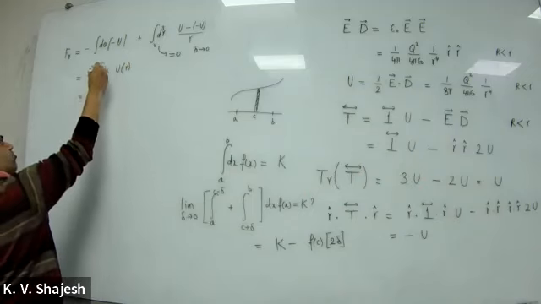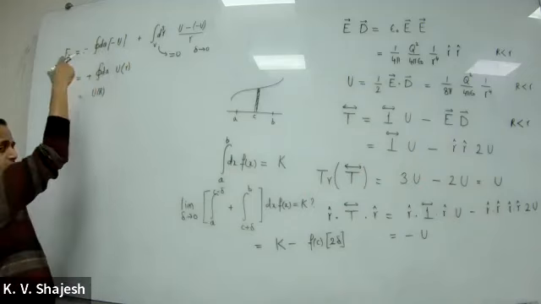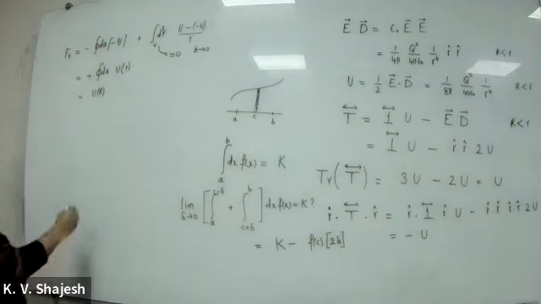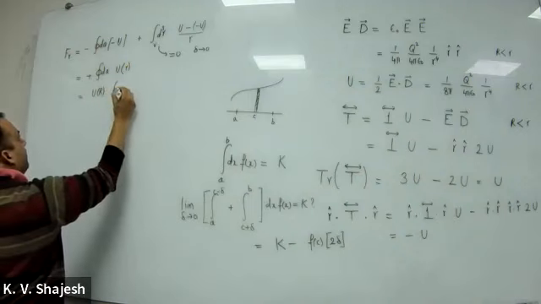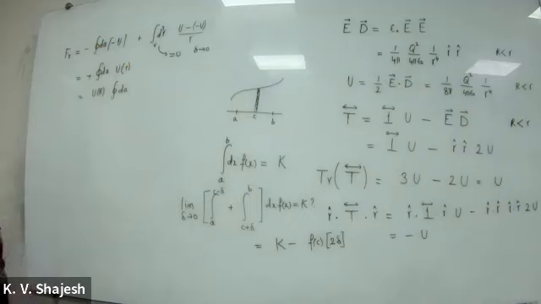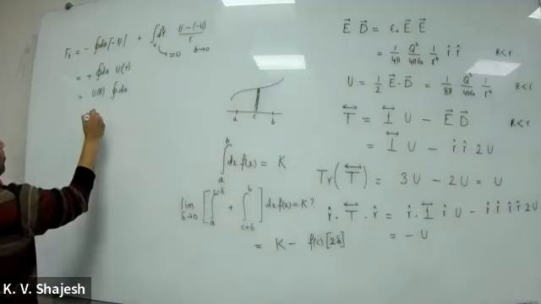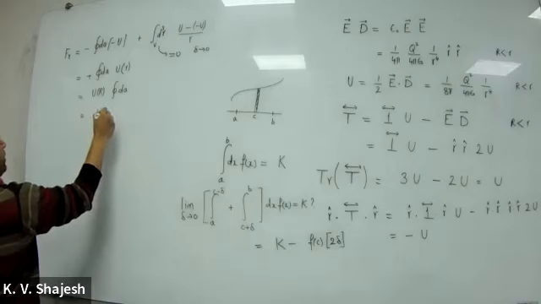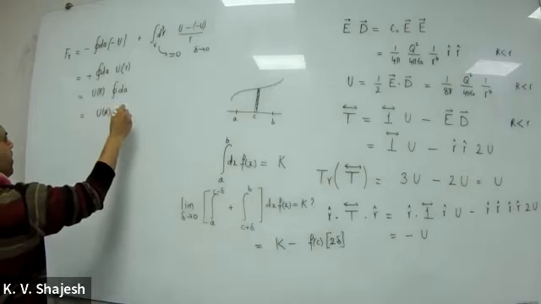This is a closed surface integral, right? On the surface r, the surface area of that enclosing sphere, that's equal to u evaluated at r times 4 pi r squared.